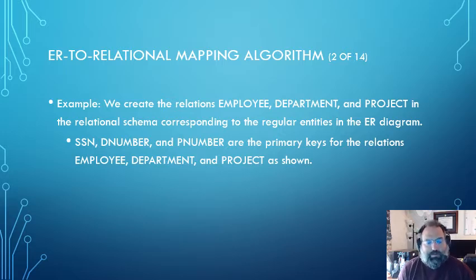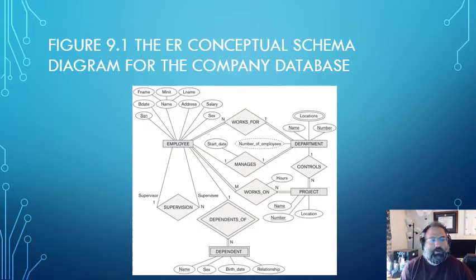SSN, DNUM, and PNUM are the primary keys for the relations employee, department, and project as shown. Figure 9.1 shows this relationship.